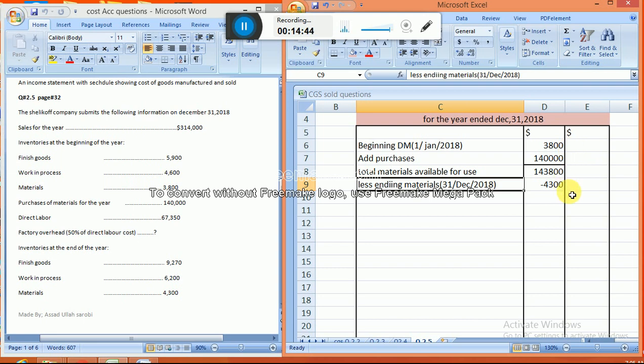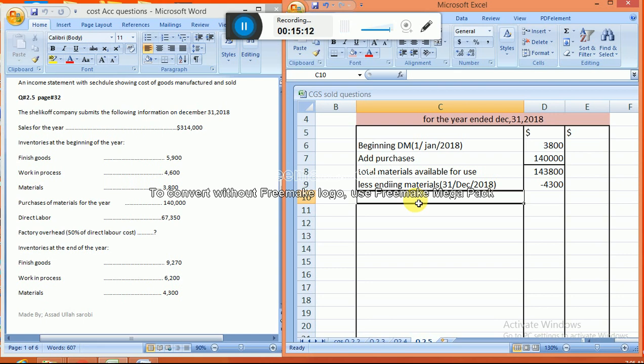Similarly now in 2018, the $4,300 cost material is not used. So we will subtract the cost of those materials from 2018. Why? Because they will be used in 2019. So we will add those in 2019 and from 2018 we will subtract it.